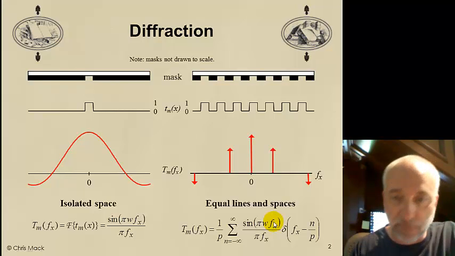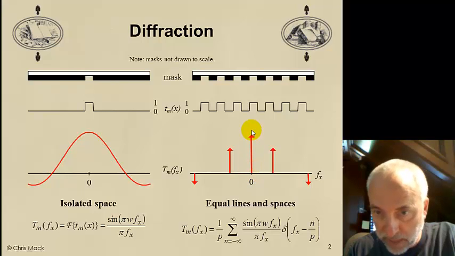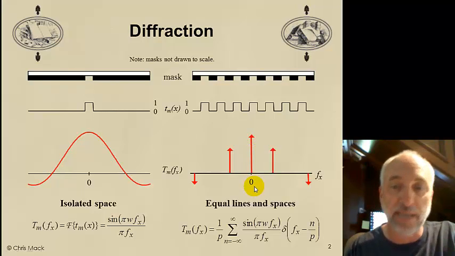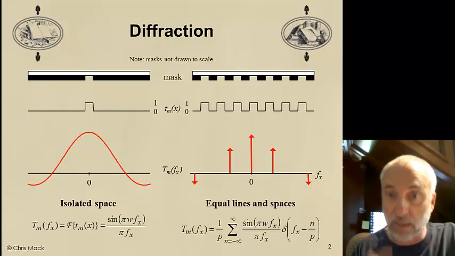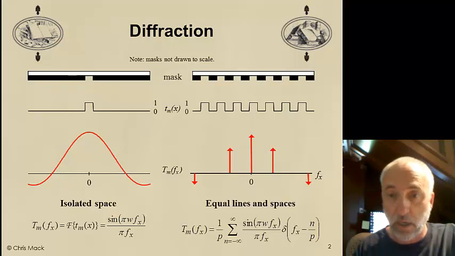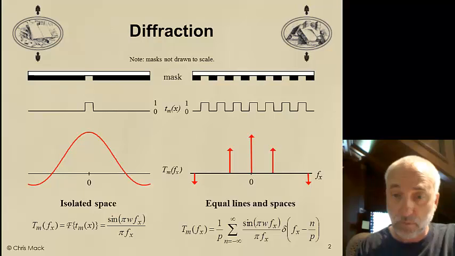And these points of light are represented by these arrows. It's a little point of light, but I use the height of the arrow to represent how bright that is. In fact, the amplitude of the electric field at that point of light. So I get discrete points of light rather than a continuum of light.